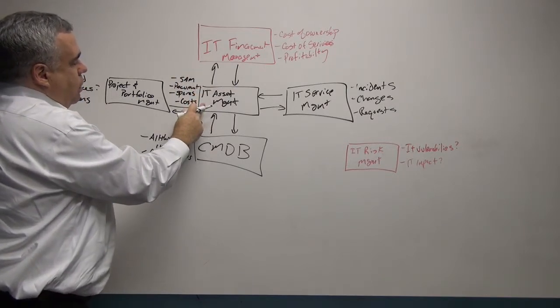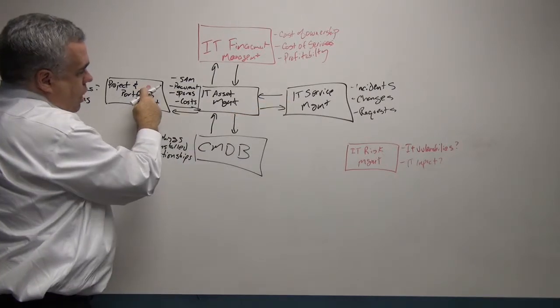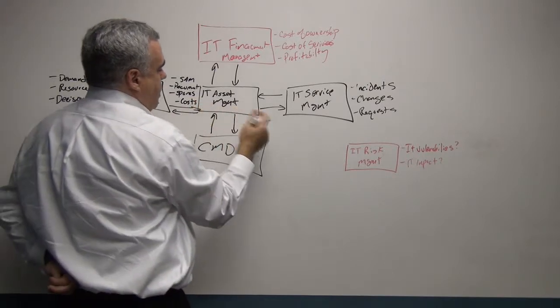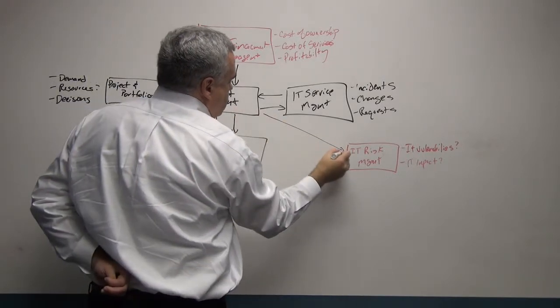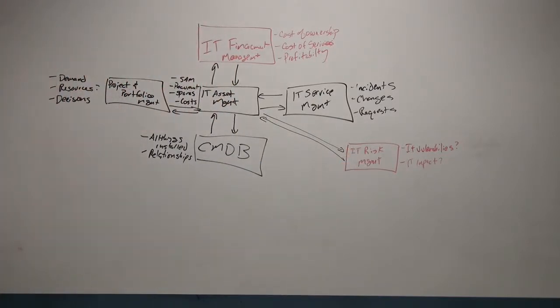From our software environment, our CMDB, the cost of service and the planned costs and real labor costs of projects were gathered here in the IT asset management space, and that enabled us to provide for this customer this IT risk management map.